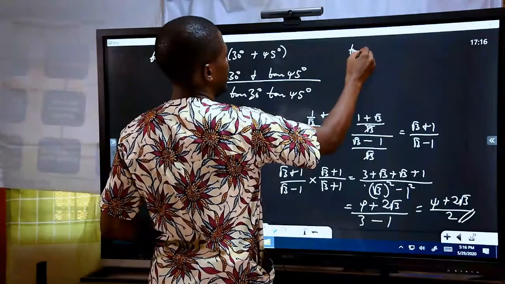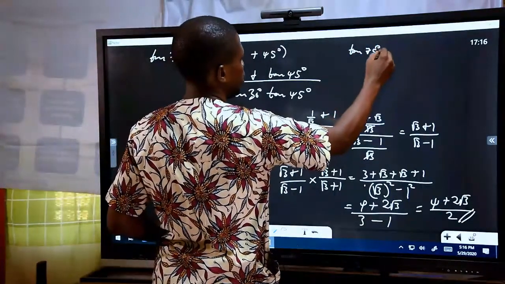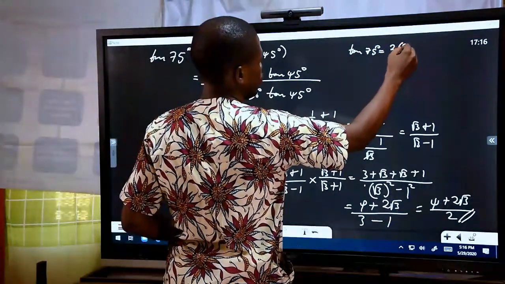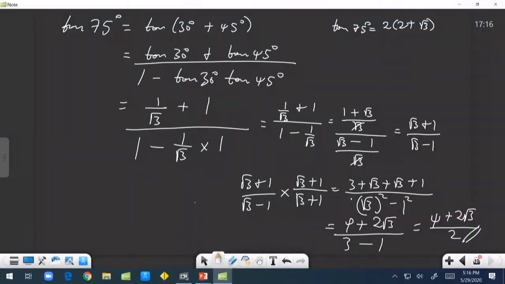So tan 75 degrees is 2 in bracket, 2 plus root 3, all divided by 2. So 2 cancels 2. So the final answer is 2 plus root 3. That is the answer for tan 75 degrees in short form.